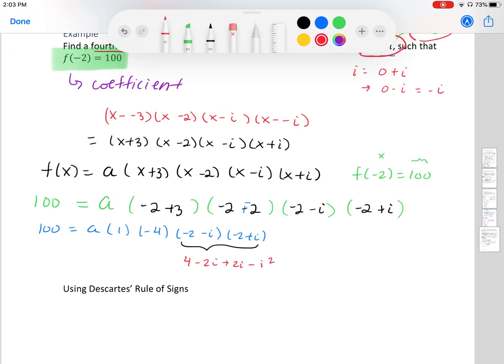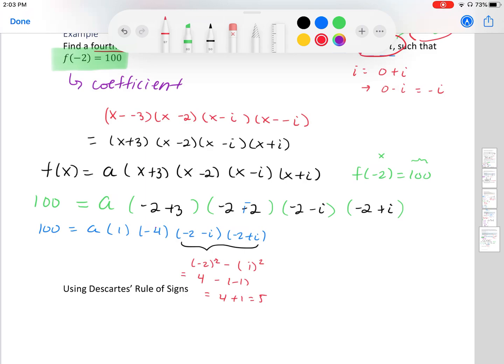And i squared is -1 times a negative. So you can FOIL, or you can use your little trick. It's difference of squares, so it's always your first term, -2 squared, minus your second term, i squared. So that we get 4 minus, that was i squared, which is negative 1, which just gives us 4 plus 1, we get 5.